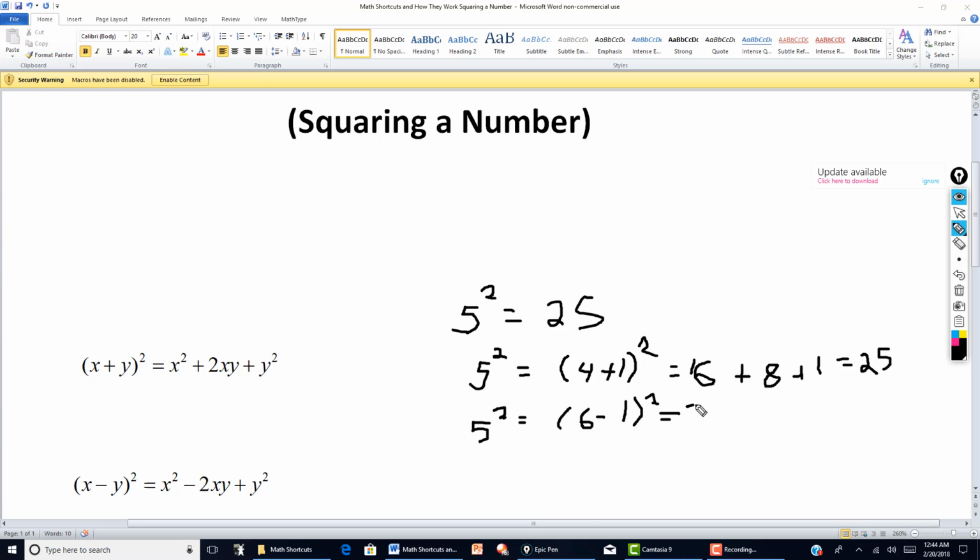So this tells me to square the 6, or the x, that's 36, and it's minus twice the product of 1 and 6, that'll be 12. And then plus the 1 squared. Okay, 36 minus 12 is 24, and 1 makes it 25. And that's the way it works.